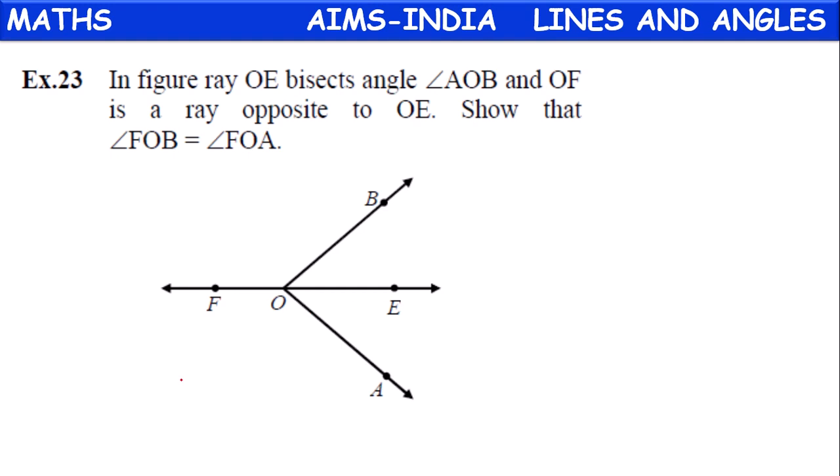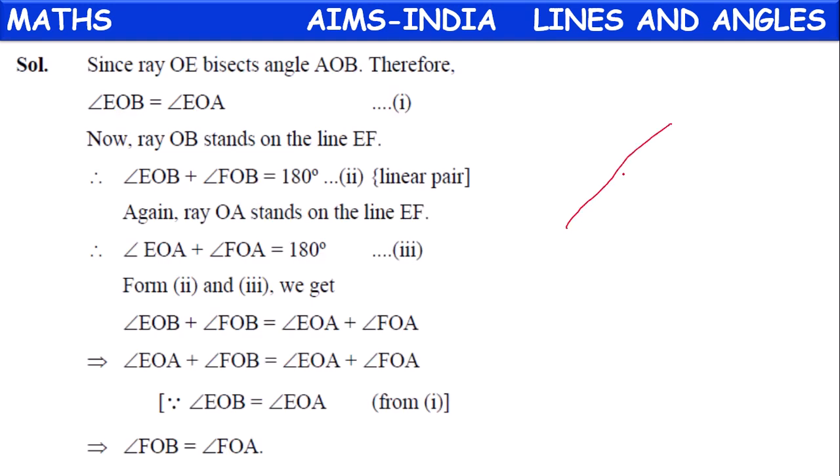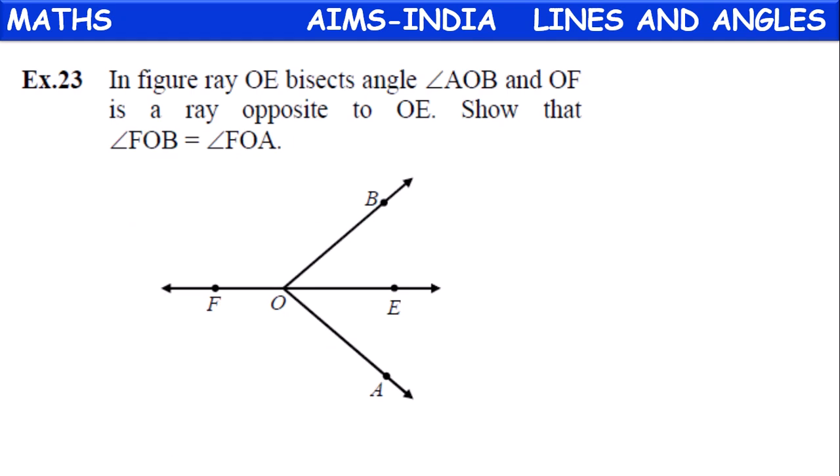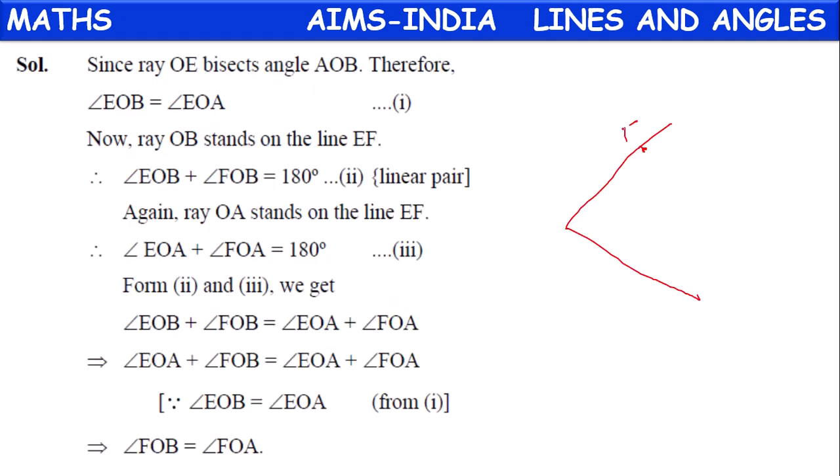So here, this is OB, OA, and this is O. Like this we have a line where this is the E part and this is the F part.